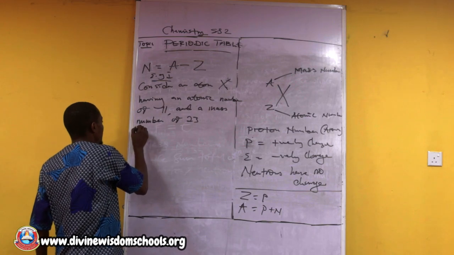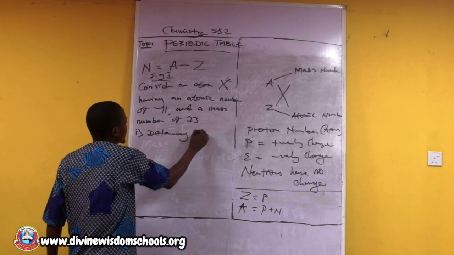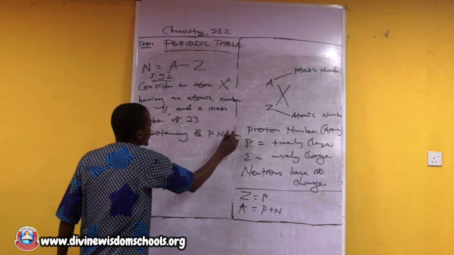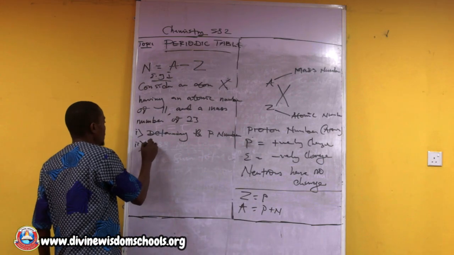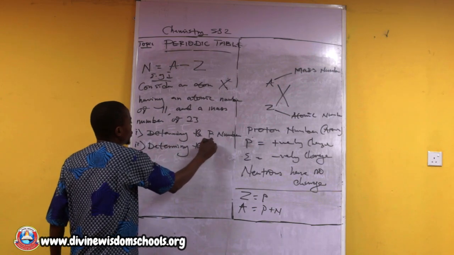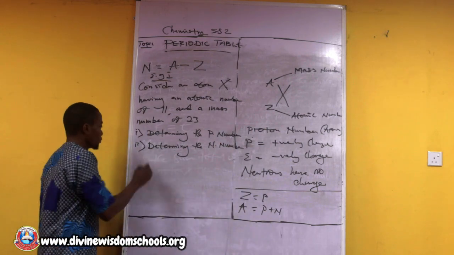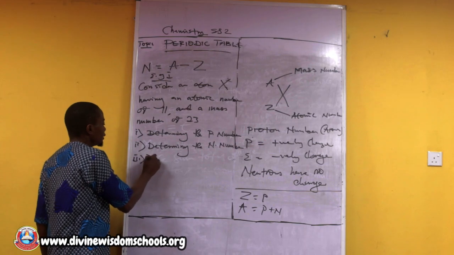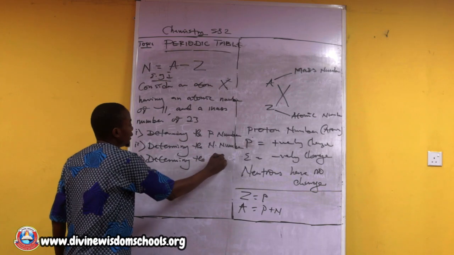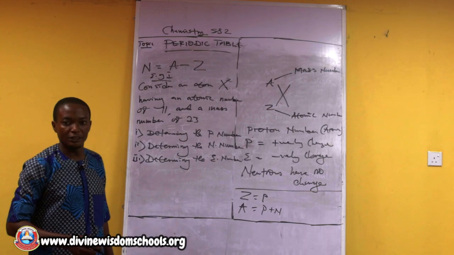Roman figure 1: determine the proton number. Roman figure 2: determine the neutron number. Number 3: then determine the electron number.